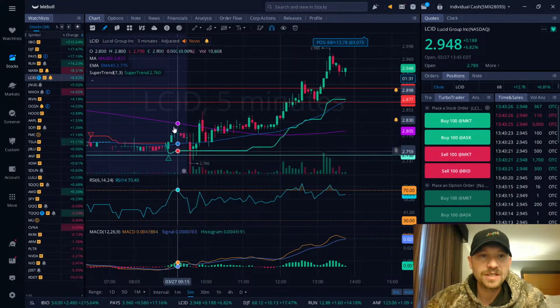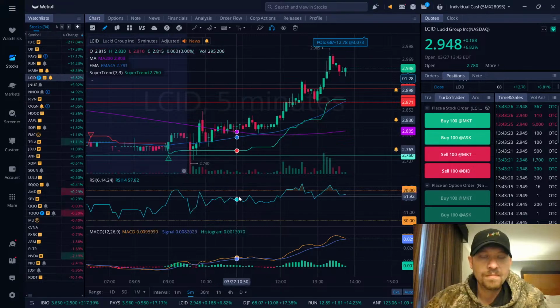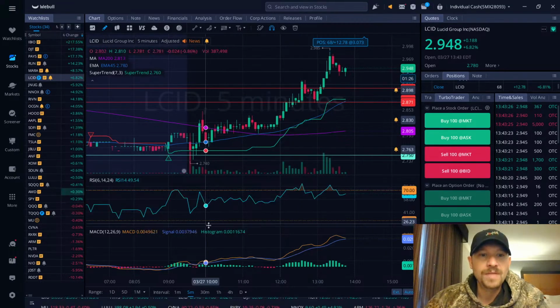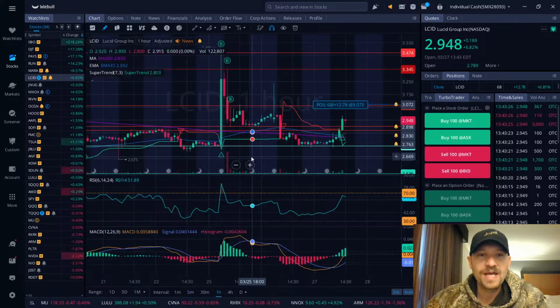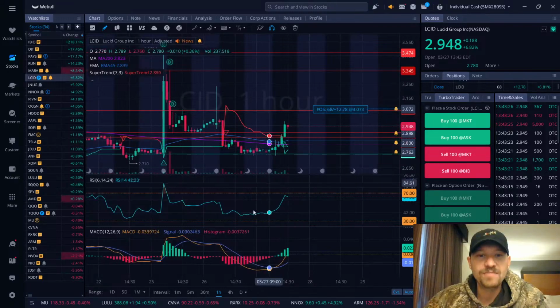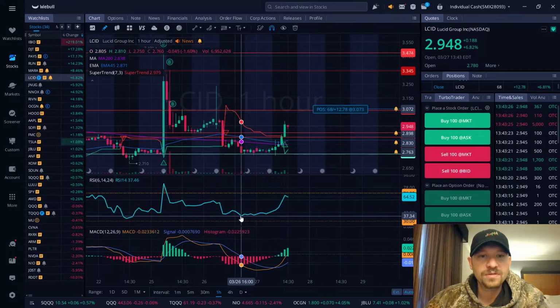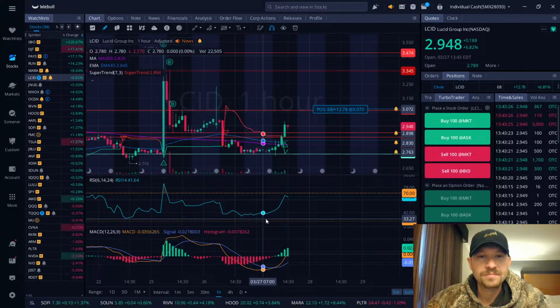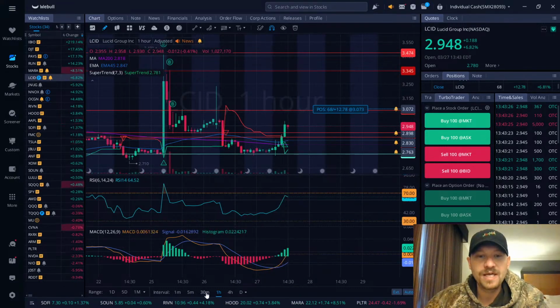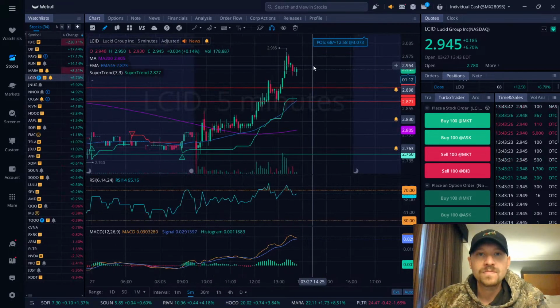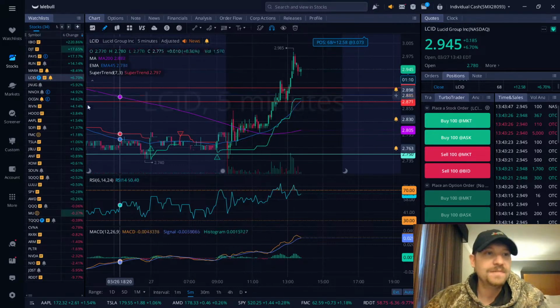Not really clear. And it may not even work on the 5-minute. You may have to do these longer ones. Is there a divergence? No. Not here. Definitely a bounce though. So that's pretty cool, knowing that.